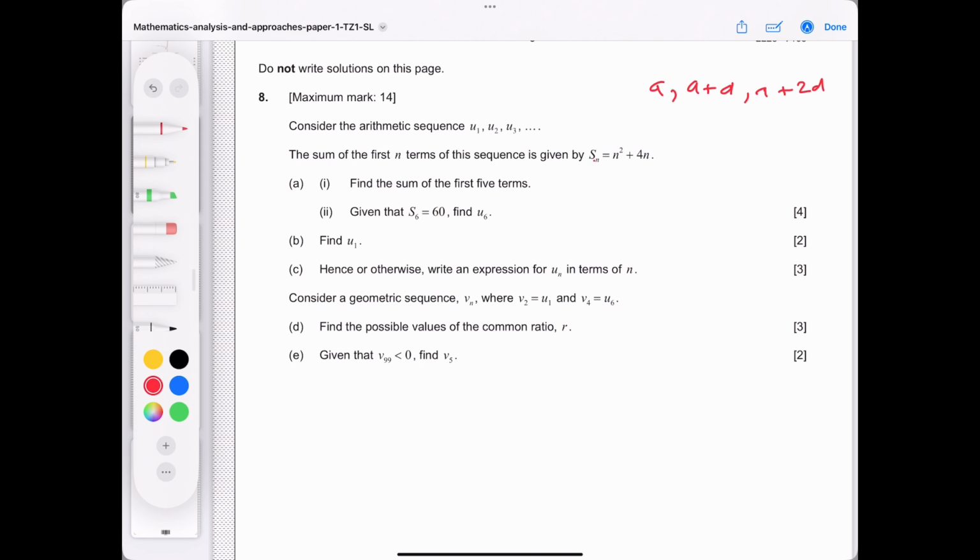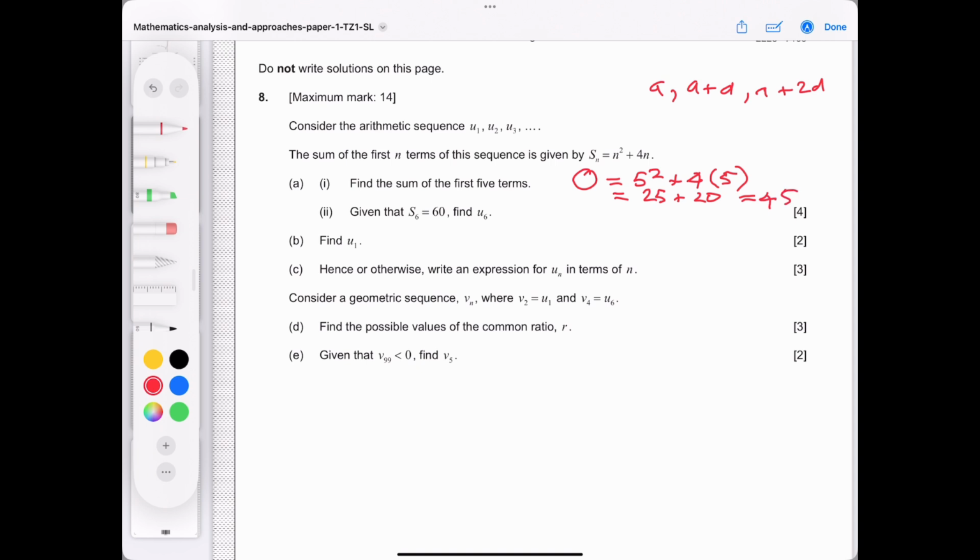So we know that the sum, we just put 5 in. So we know that the sum equals 5 squared plus 4 times 5, and that equals 25 plus 20, which equals 45.